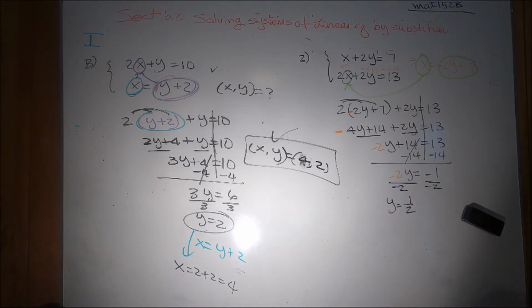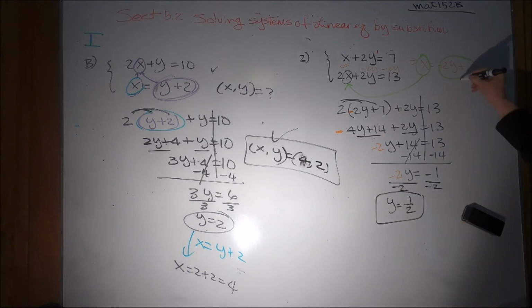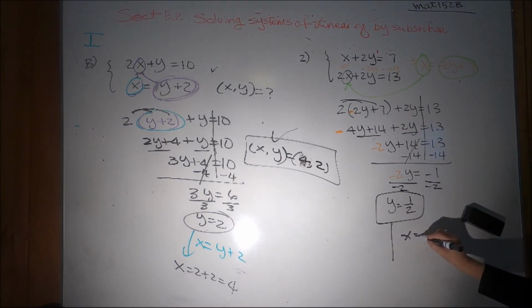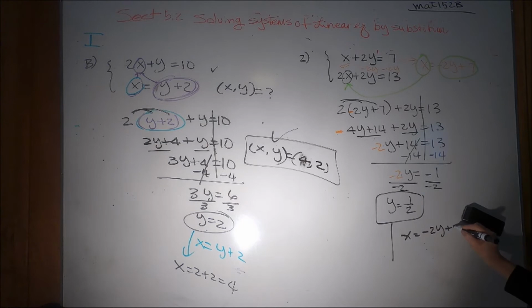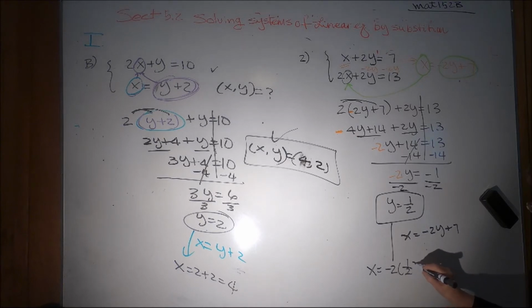Then what's your x? We can just plug in here directly, right? Plug into x equals negative 2y plus 7. So x is negative 2 times one half plus 7. Then how do you multiply your fraction?